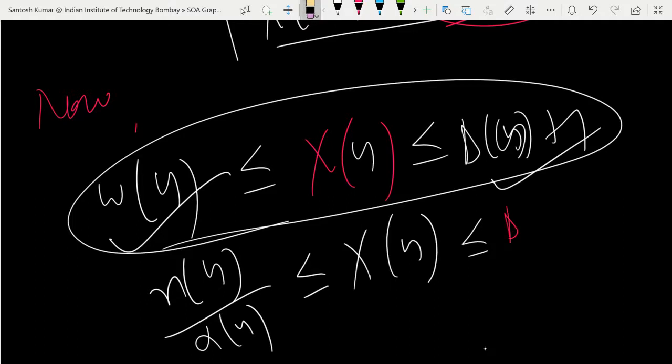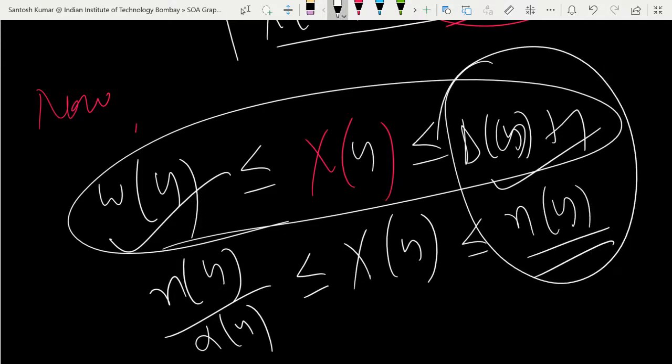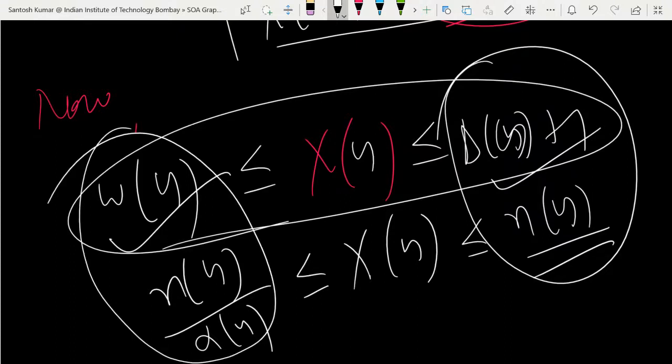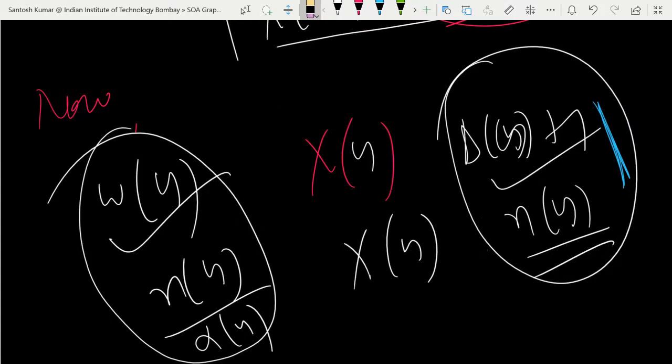One obvious upper bound is this. So the chromatic number has two lower bounds and these upper bounds. You can interchange these two, no problem, or remove this notation and write it once only.